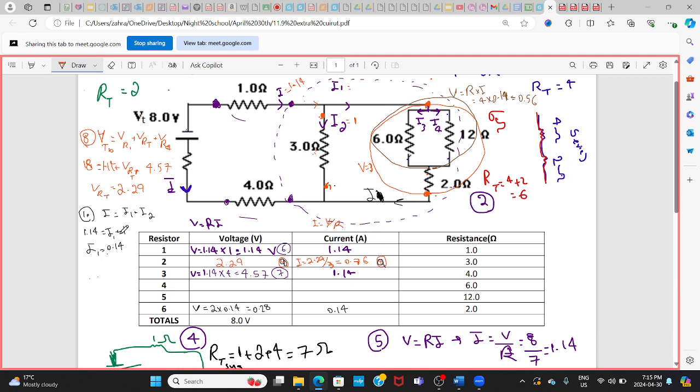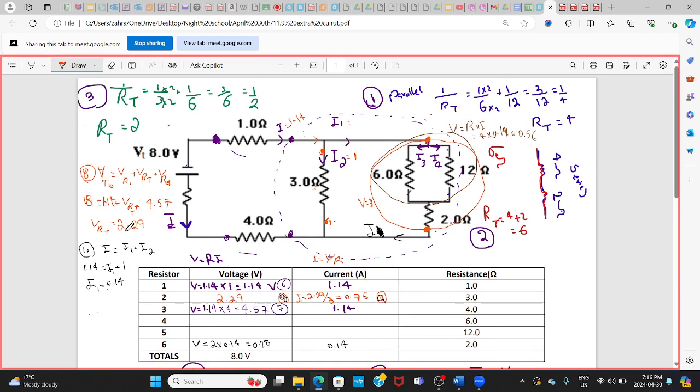I1 plus I2. How do I get I2? Yes, who's that? Stephanie. Mm-hmm. Are you able to explain your step 8 again?